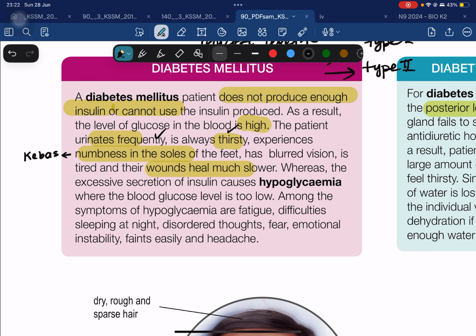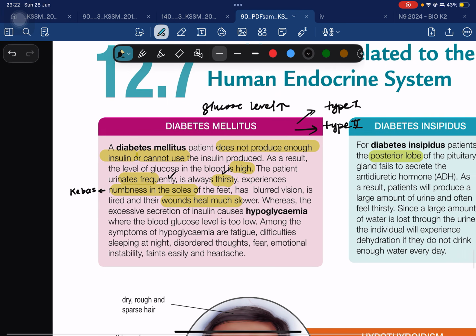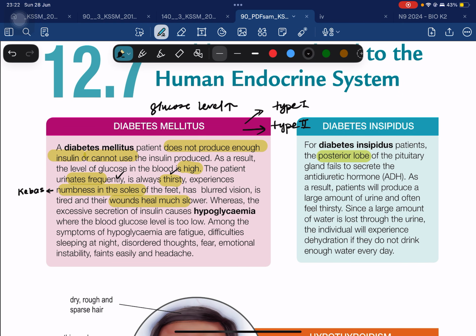This is very dangerous, or even detrimental to them, because when they have wounds and get infections, because the wounds heal much slower, they may even need to be amputated. This is a terrible condition for them. So this is something related to diabetes mellitus.